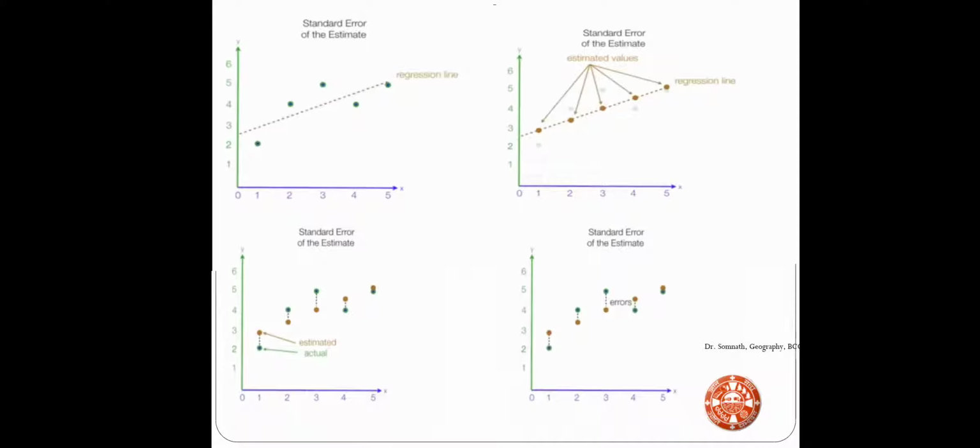The differences between the actual value and the estimated value explain the error. It is to be noted that a higher magnitude of the standard error of estimate means greater dispersion, error, or variability of points around the regression line.